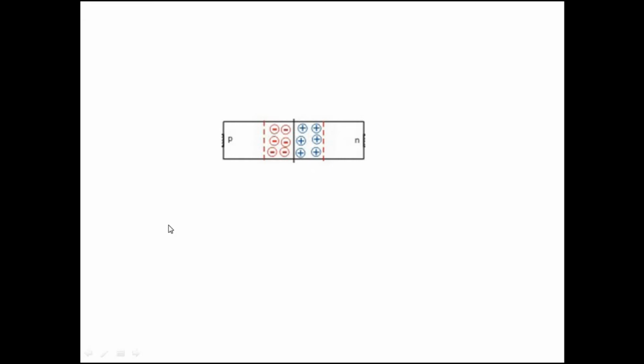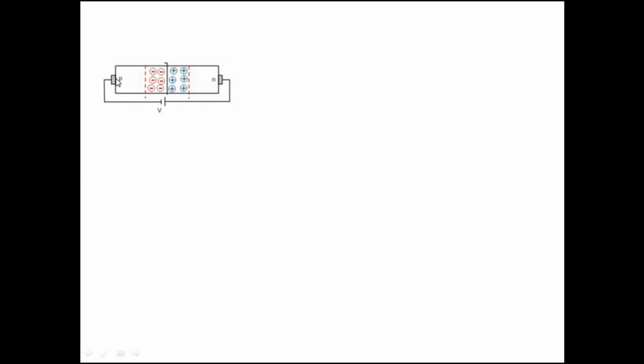If we connect the anode terminal to the negative voltage and the cathode terminal to the positive, this will create a negative potential that assists the barrier potential, and it will increase the space charge region. The barrier potential is actually increased here.